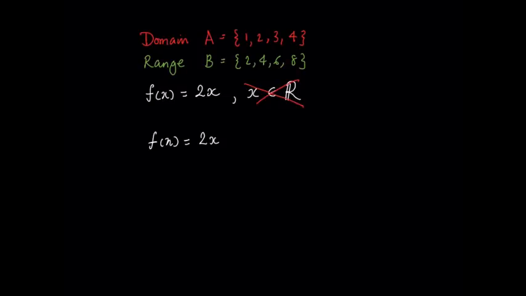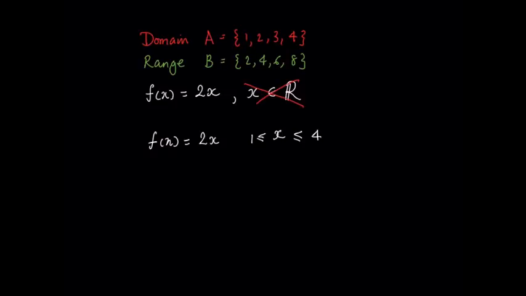So how about if we wrote something like this? F of x equals 2x, and x is greater than or equal to 1, less than or equal to 4. But hang on a minute, we haven't specified what type of number x is, because all we've said there is that x is something that's between 1 and 4.